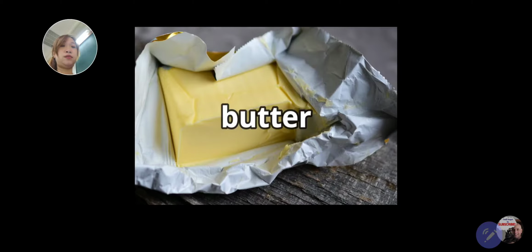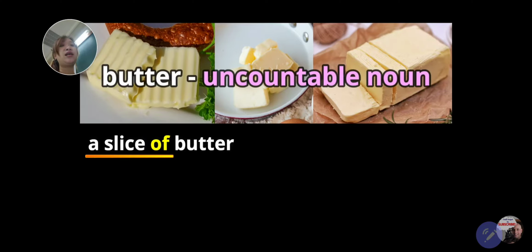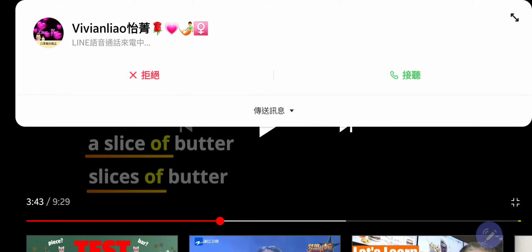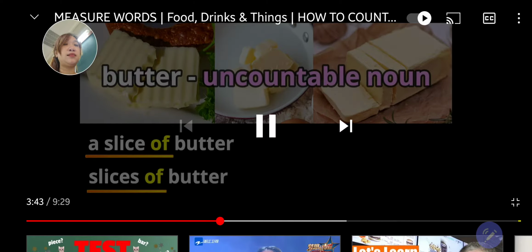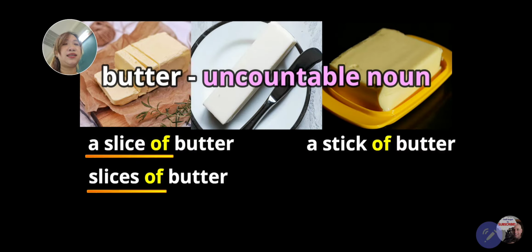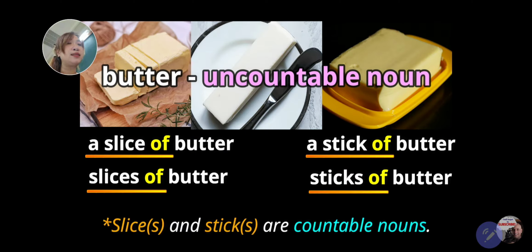Butter. Can we count butter? Well, we can count a slice of butter is one slice, or slices, more than one slice, or the whole, what we call a stick of butter, or sticks of butter. We can count sticks, maybe 3, 4 sticks.